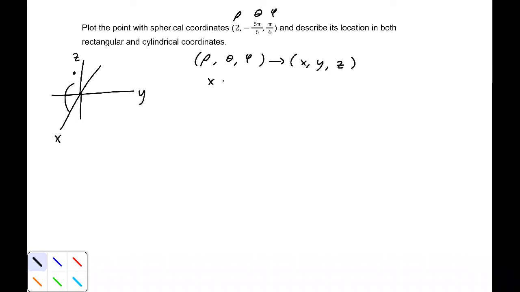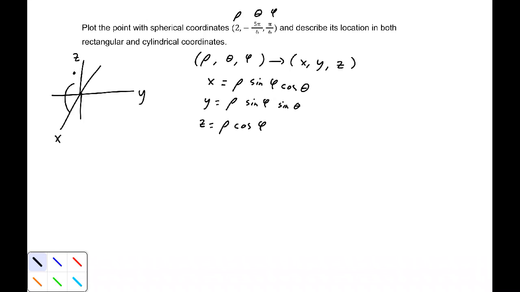We have x equals rho sine phi cosine theta. We have y equals rho sine phi sine theta. And z equals rho cosine phi.